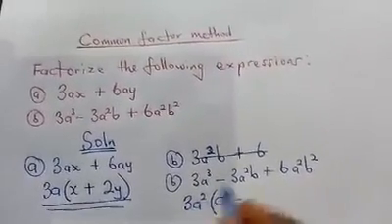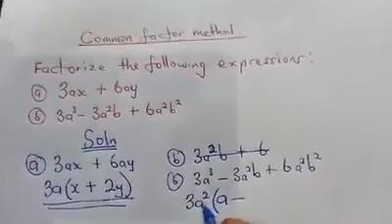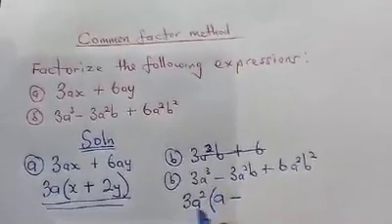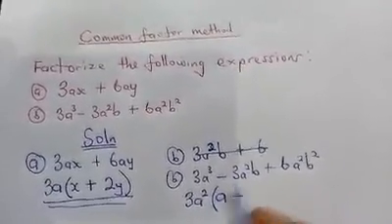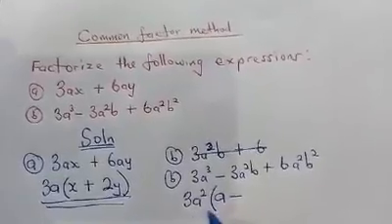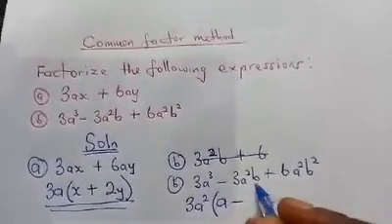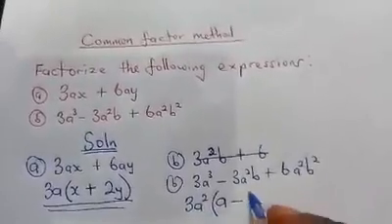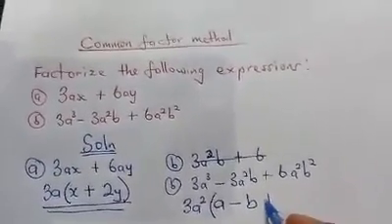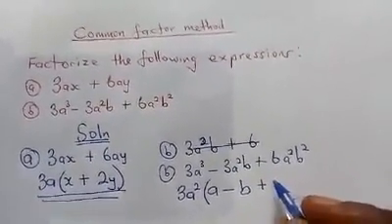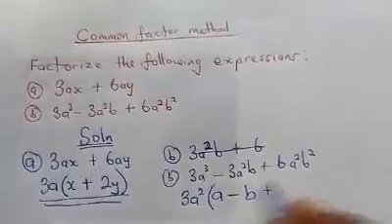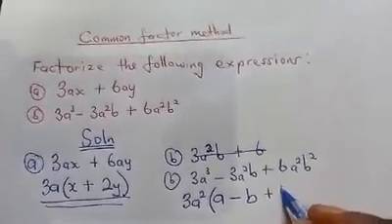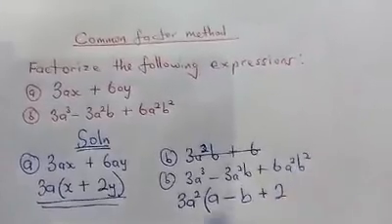3 divided by 3 is 1, we don't write it. A squared, A squared. When you divide, they will cancel out. None will be left because all the 2 have been factorized out. But B has not been factorized out, so it means that remains here. Plus, then 3 and 6, when you divide, it's going to be 2. So we write our 2, A squared, A squared.